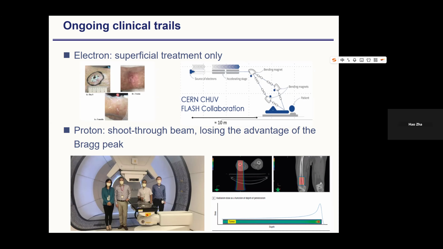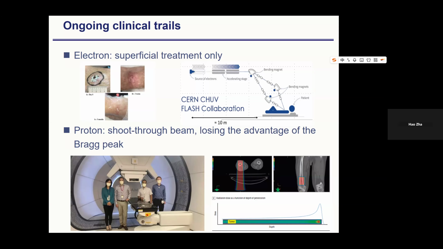Let's look at some of them. For example, with electrons, some European countries are conducting electron flash radiotherapy on skin cancer. It is only suitable for superficial treatments, for example, skin or other parts.